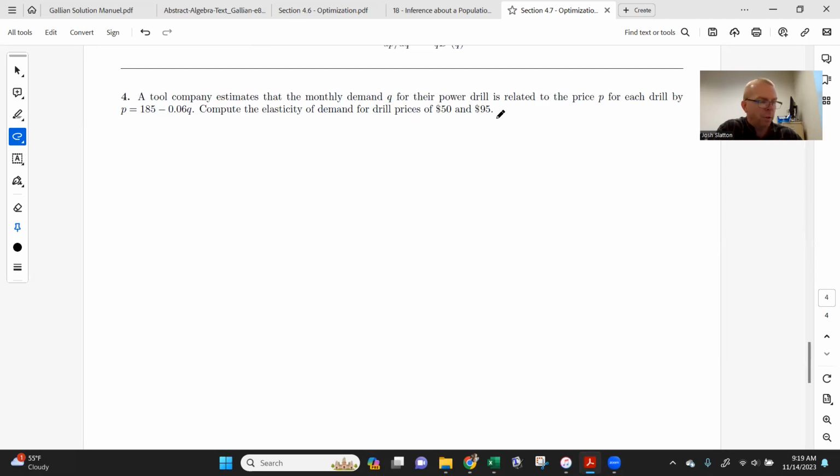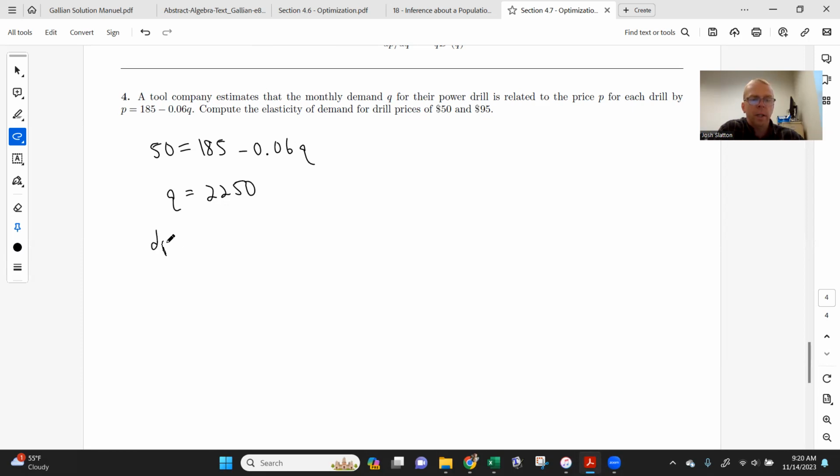I think you'll see these are not too bad. First, for the $50, what's the quantity? So 50 equals 185 minus 0.06Q, and I will spare you the steps here. Q is 2250.